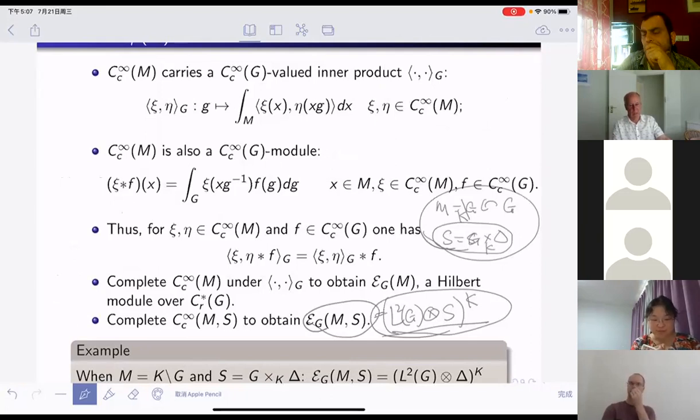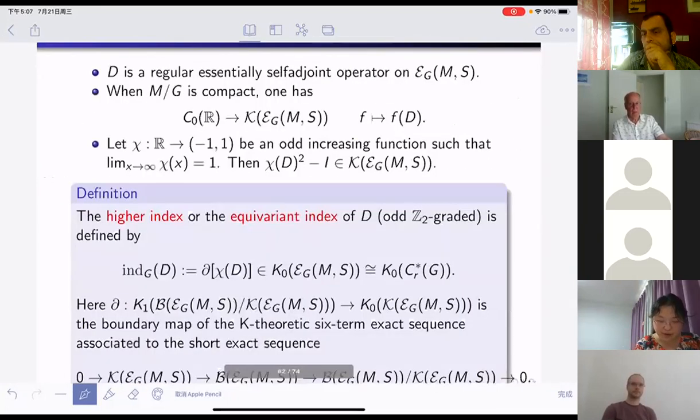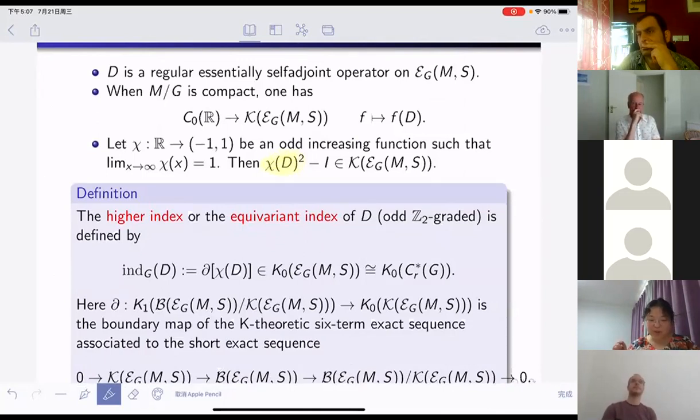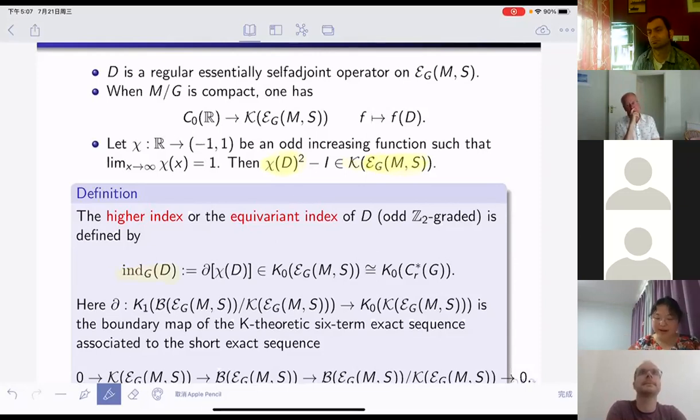We can still do a similar process to view this operator as a generalized Fredholm operator with respect to the module over C*(G). And by some Morita equivalence argument, one can argue that the K-theoretic index lies in the K-theory of C*(G).